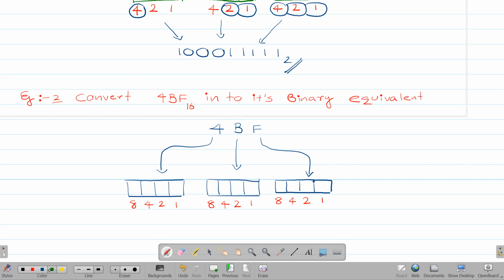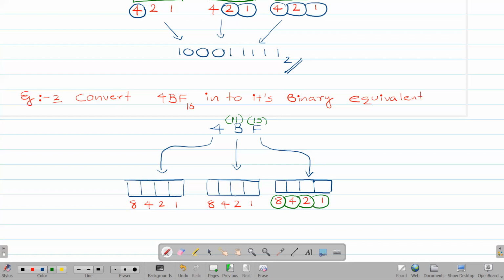So F represents 15, right? F is representing 15 and B is representing 11. So for 15, we need 8, 4, 2, and 1.